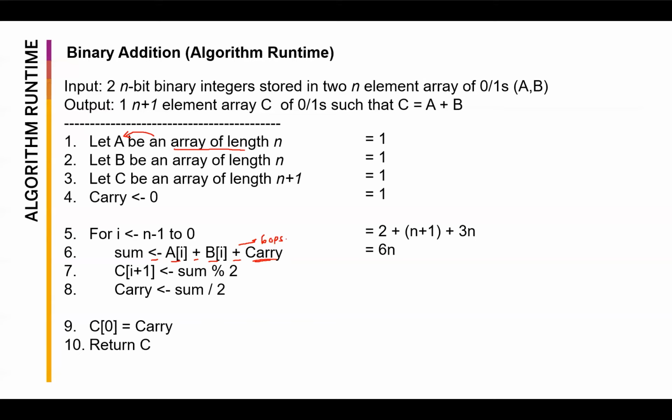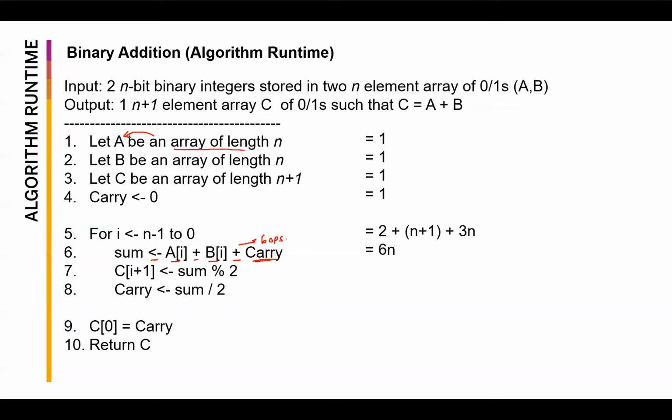So one more time. We count again the number of operations for line 6. We have index here for A of I and B of I. So that's 2 operations. We have 2 additions. So that's another 2. We have carry, which is calling the variable carry that was initialized. So that's 1 operation. And we have assignment here, which is another operation.